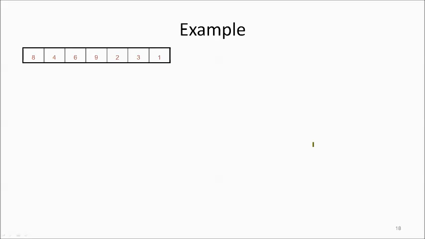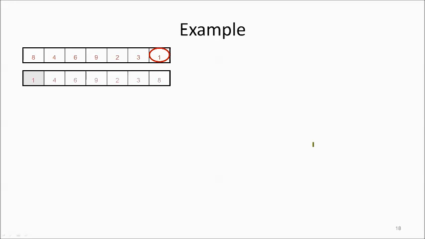What is the smallest element? It's number 1, right? So, as you can see, I encircled number 1. Since 1 is the smallest value, we put it in the first spot.